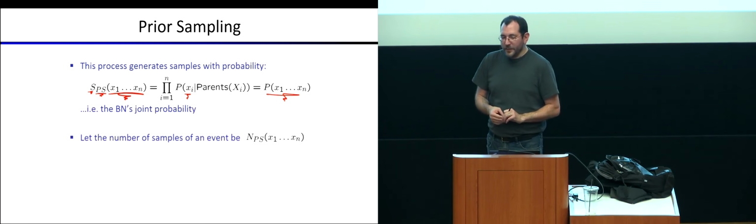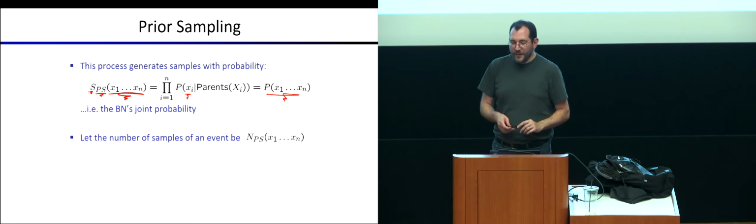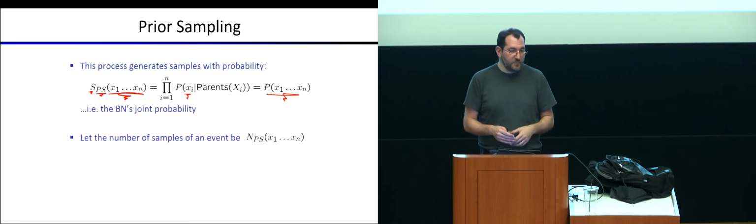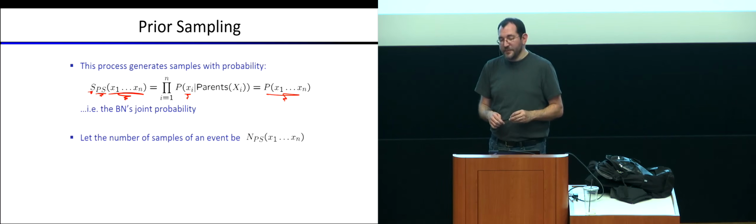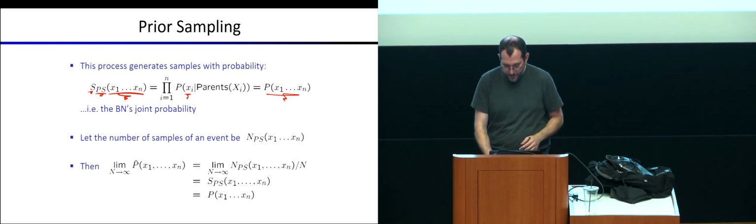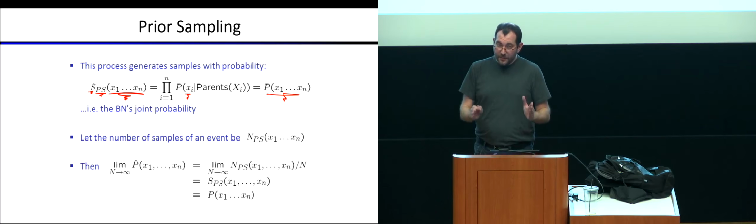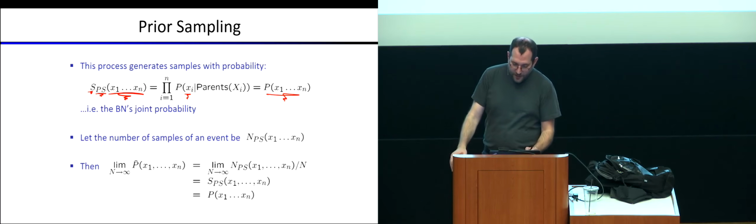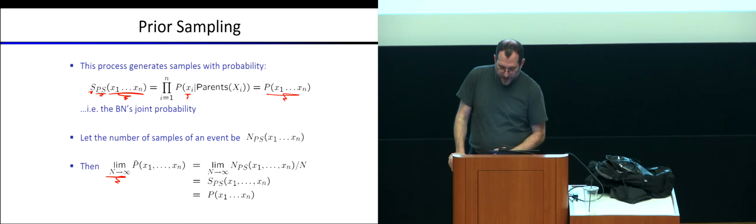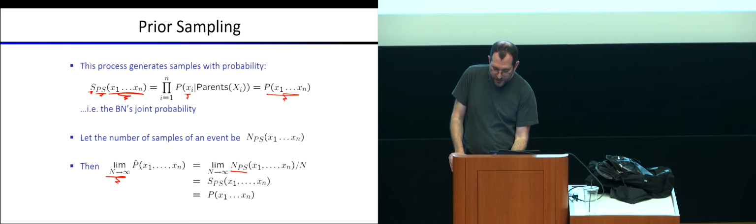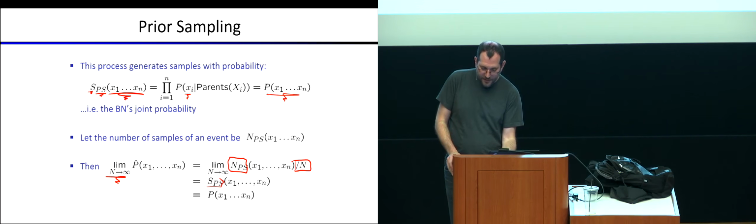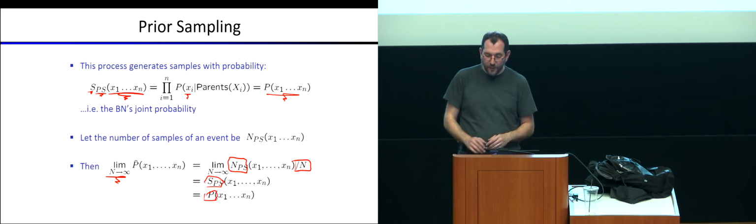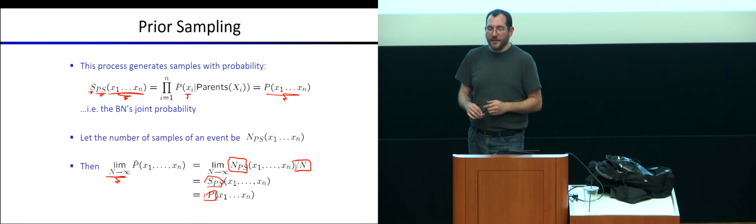So what do we know? Let's say we take some event like x1 through xn, and we draw some samples. We might not get any samples of that event. We might get a lot. Let n be the number of samples you get of a certain event. One thing that should seem very plausible is that as n goes to infinity, the fraction of samples that come out as that event compared to the number of samples you take, that's the sampling probability, which we know from the form of the sampling process is going to be the probability in the network.